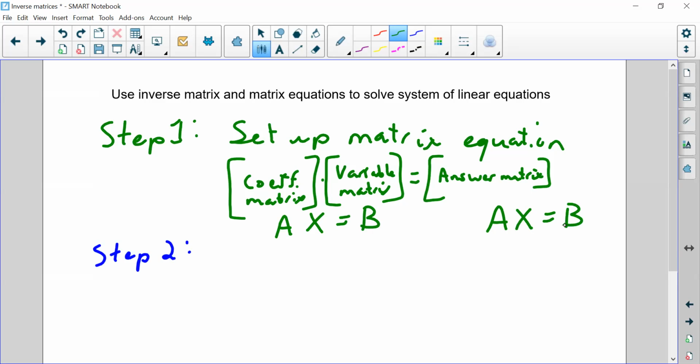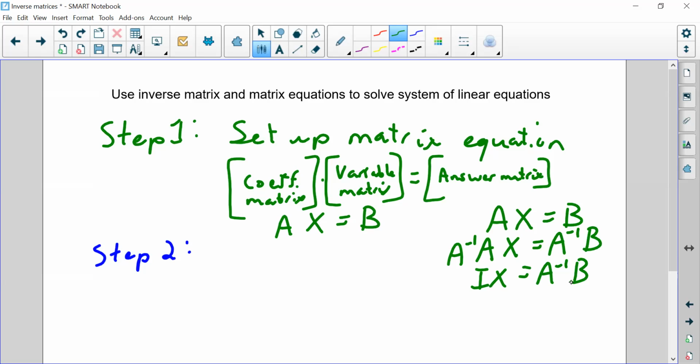In order to get that X by itself, I recall from the very beginning of this lesson, I said if we multiply an inverse by itself, and when I do it to one side of the equation, I have to do it to the other side. What did I say that the inverse times itself is equal to? I, the identity matrix.